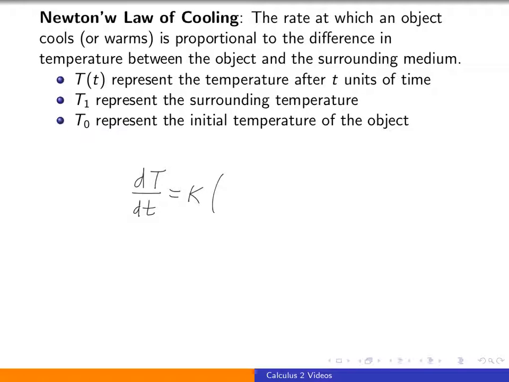Difference means subtracting, with the initial value T of 0 equals T naught. Very similar to our previous example with exponential growth or decay, the only difference is this T minus T1 on the right.